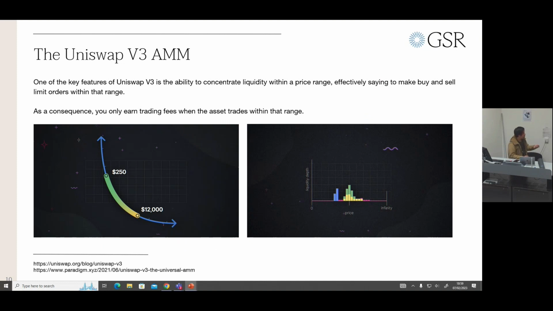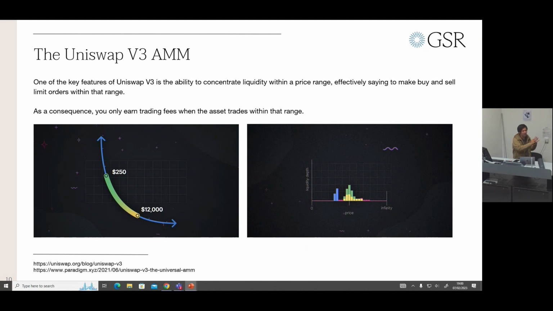One of the cool adaptations of the Uniswap curve is this new iteration of it, the Uniswap V3 automated market maker. One of the cool innovations about it is that you can actually concentrate your liquidity. When it comes to market makers, we often want to be selling at specific ranges.